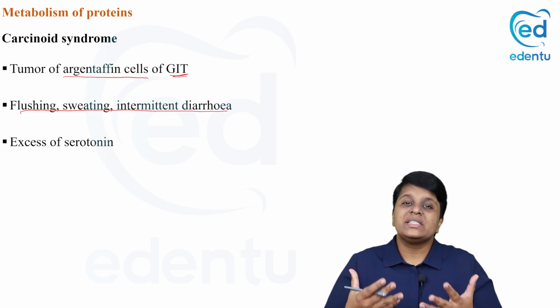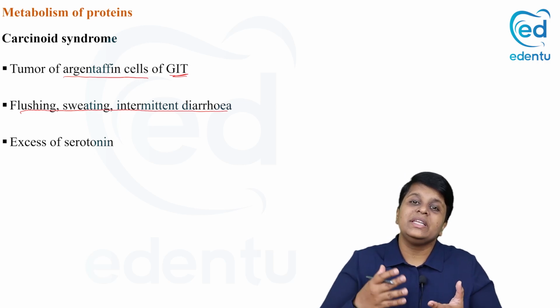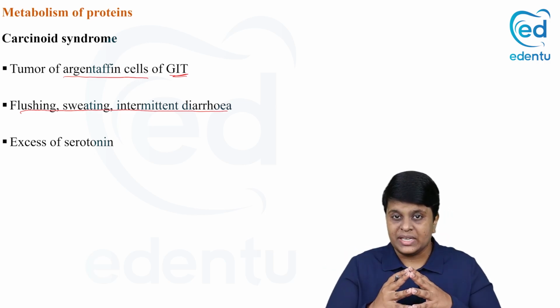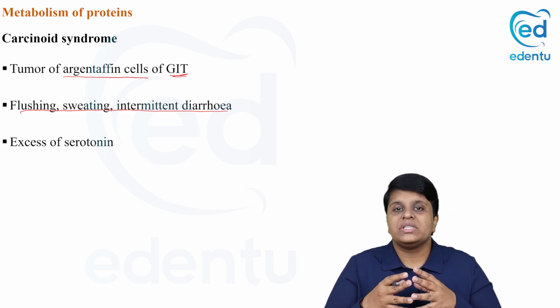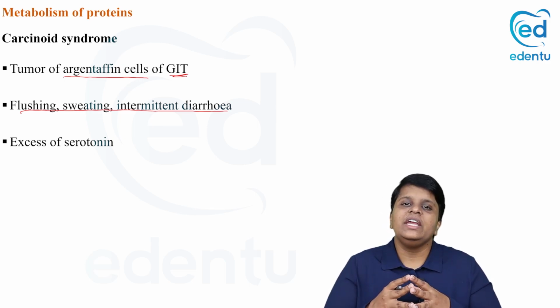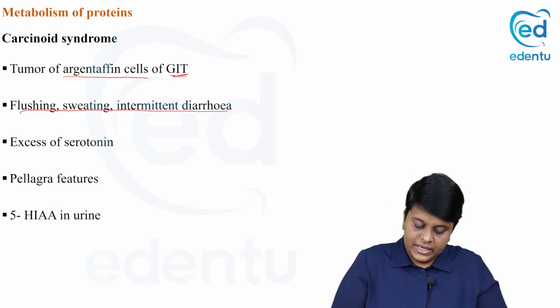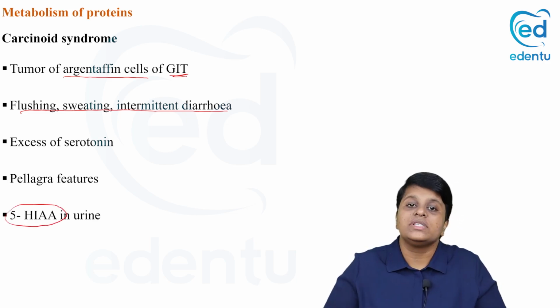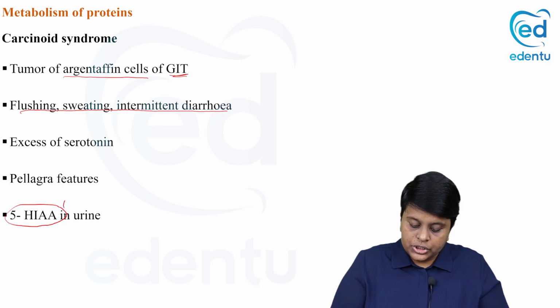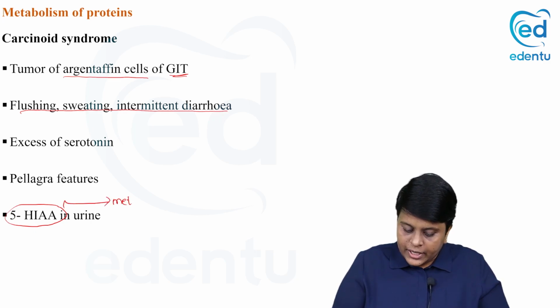And now when this excess serotonin is present, what happens? It gets metabolized by a series of enzymes. The various enzymes break down serotonin into a compound which is 5-hydroxy-indole acetic acid. Okay, you have 5-hydroxy-indole acetic acid, which is a metabolite of serotonin, and it gets excreted in the urine.